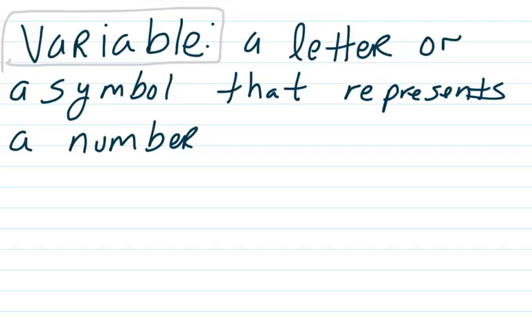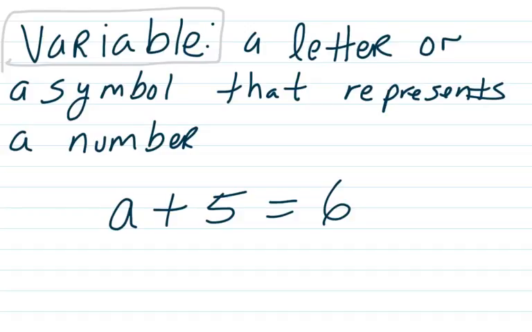Now you remember that a variable is a letter or a symbol that represents a number. For example, if we have a + 5 = 6, we want to try to figure out what a represents, right?